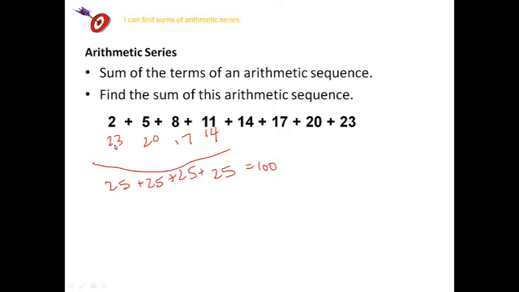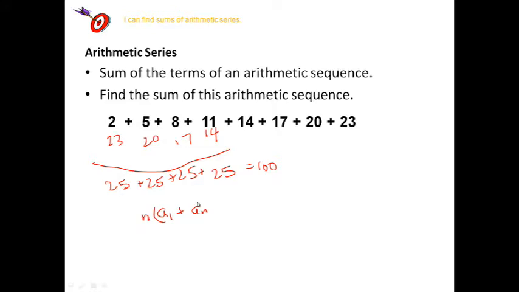So you can see that if I take the first term, which is a1, and I add it to the last term, which is a sub n, I'm going to do that, well, I have 8 terms here, and I did that 4 times, so n over 2 times.